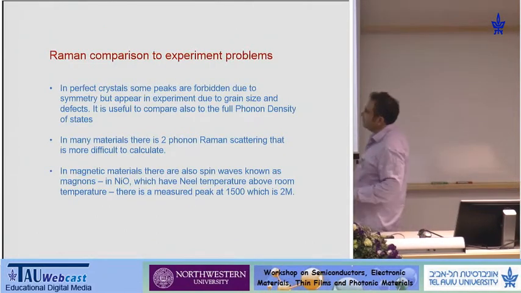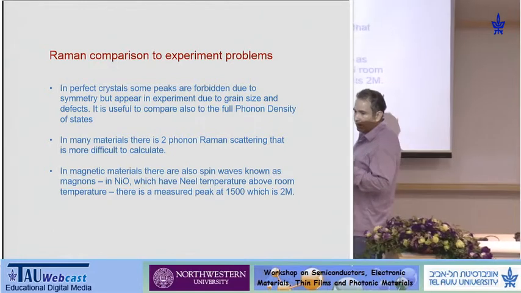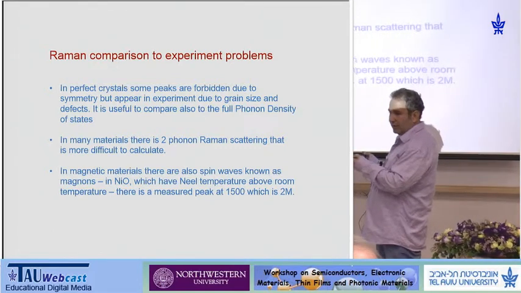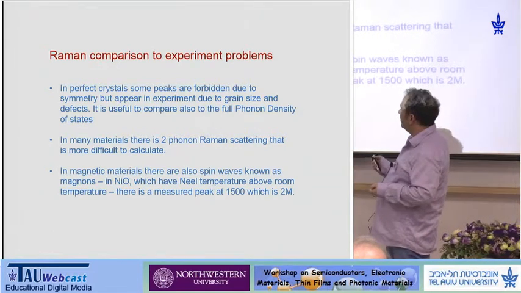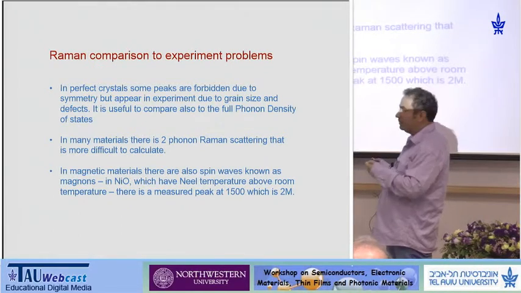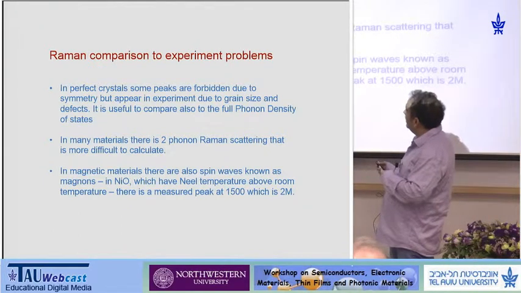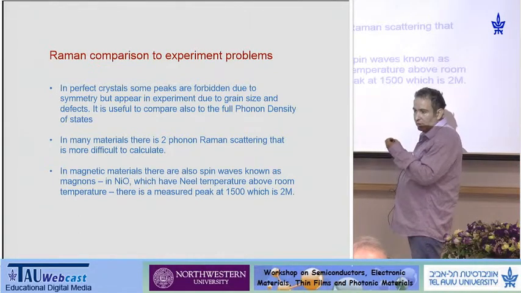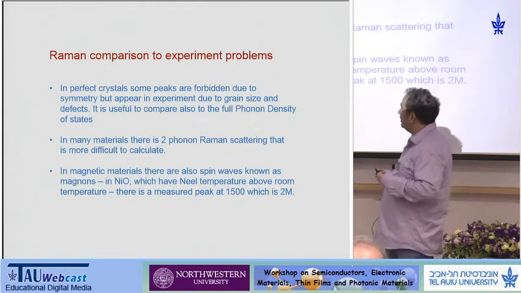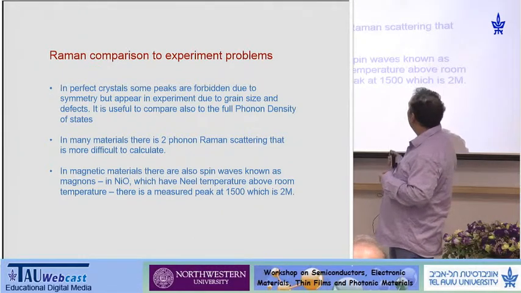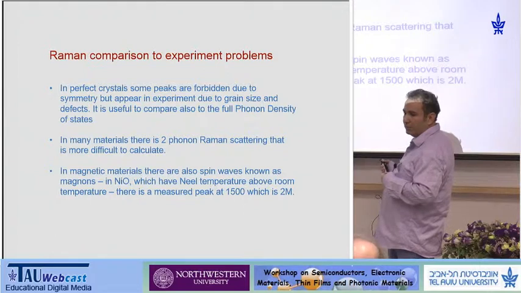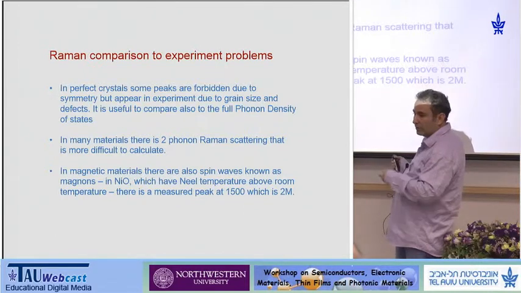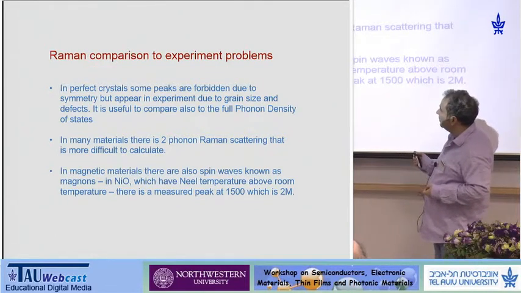So just to summarize, this is a really powerful tool, and it can also reveal some interesting modes that are spin-dependent. One problem is that in perfect crystals, some peaks are not allowed, and in actual experiment, because of grain size, they become allowed, and then it's very useful to calculate the full phonon spectrum.